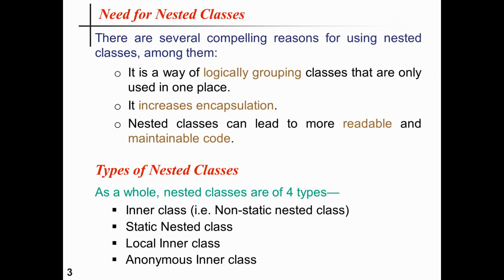So A is the outer level class and B is the inner level class. B can access the private members of class A, and you can also hide class B inside class A. So that is the speciality of this concept: it increases encapsulation. The class B itself can be hidden from the outside world.